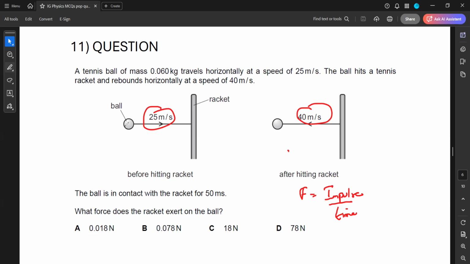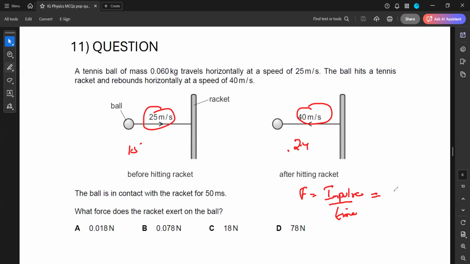The initial momentum: 0.06 times 25 equals 1.5. So this is 1.5. What about 40 times 0.06? 2.4. So this is 1.5 and 2.4.